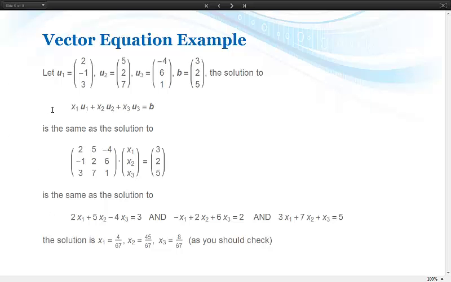In each of these cases, the linear combination of vectors, the matrix vector equation, and these three linear equations are only satisfied when x1 is 4 over 67, x2 is 45 over 67, and x3 is 8 over 67. The easiest way to check this is to put this matrix and this vector in your calculator and do matrix times vector, and you'll see that you get this result.